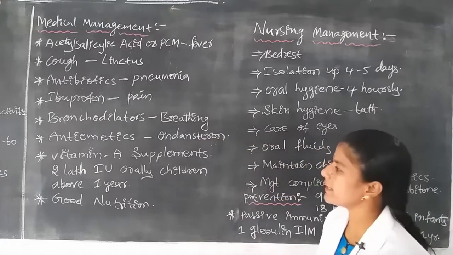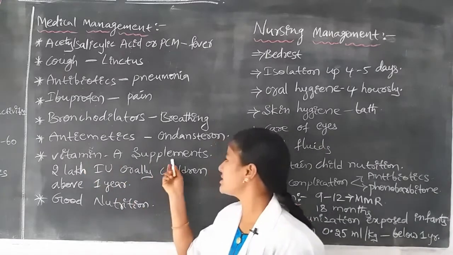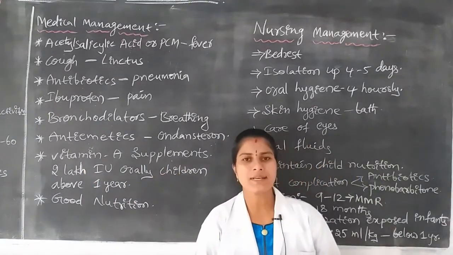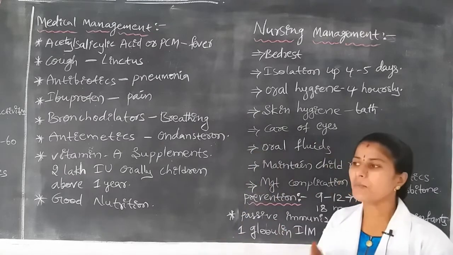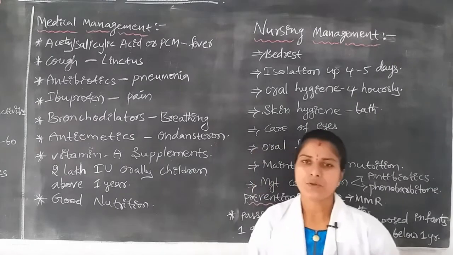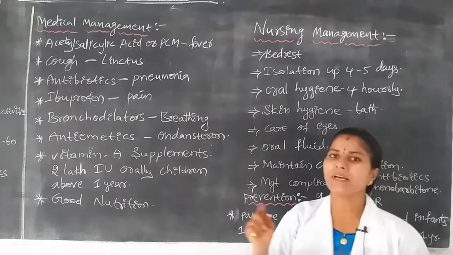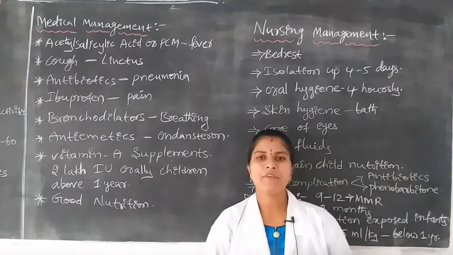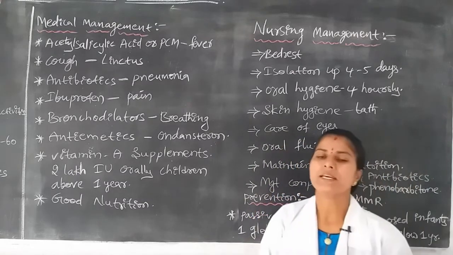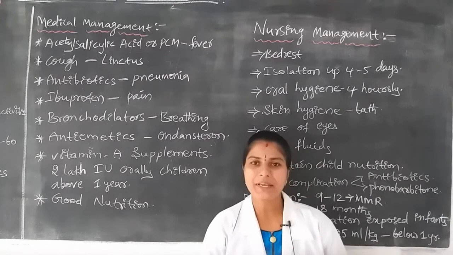Next, vitamin A supplementation to the children. Why? Because children who have a malnutrition problem or vitamin A deficiency are at risk for measles. For reducing the risk of measles, we have to give vitamin A supplementation.